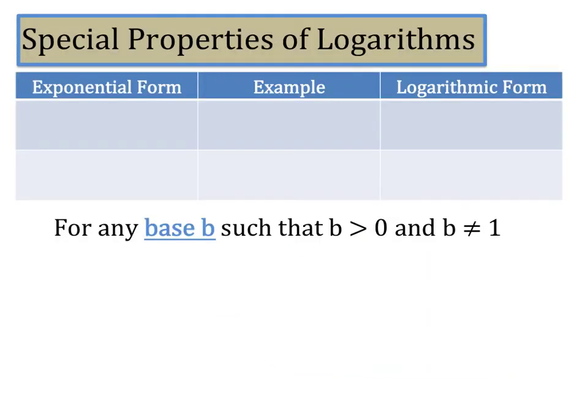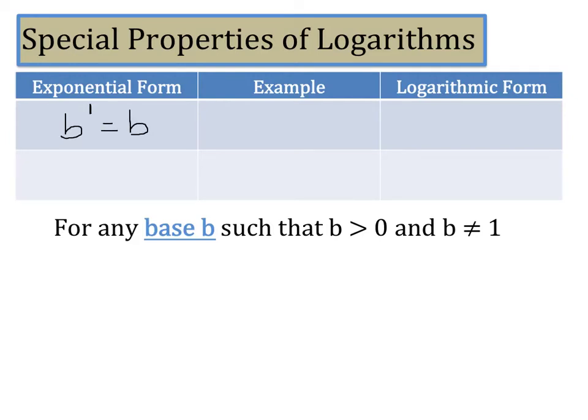There may be a few special properties of logarithms you might have noticed already, but let's give some names to them so when we're talking about them we know that we're all on the same page. So let's look at an example of a certain exponential form property. If I have any base raised to the number 1, that's just going to equal b.